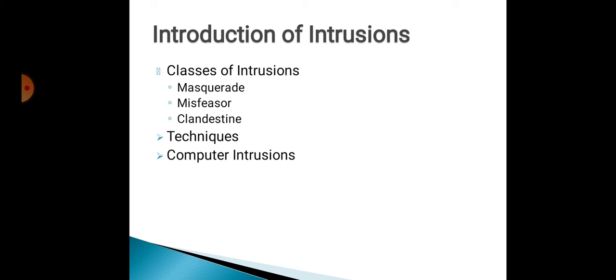Now start with computer intrusions. Computer intrusion occurs when someone tries to gain access to any part of your computer system. Computer intruders or hackers typically use automated computer programs when they try to compromise a computer's security.